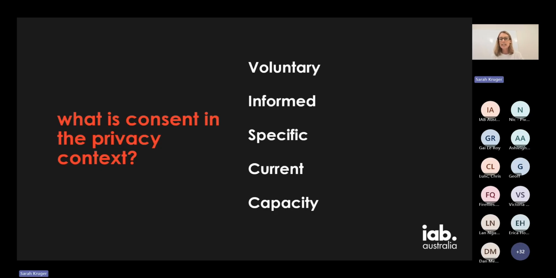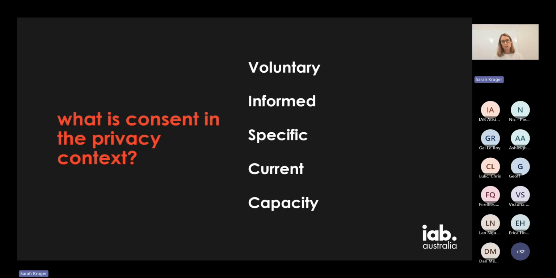Again, along similar lines, it needs to be specific. So general or bundled consent can be problematic as well if you are getting consent for a number of different services. So be really careful about that. And it needs to be current. You need to inform people how long you're going to rely on it, and enable them to change their mind.